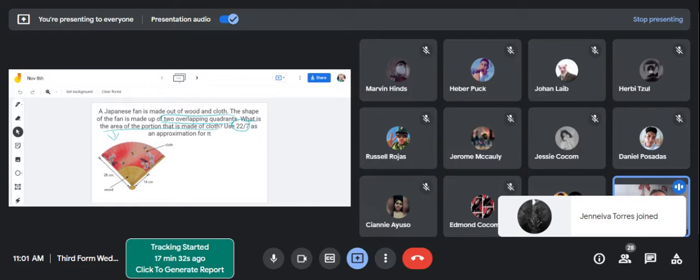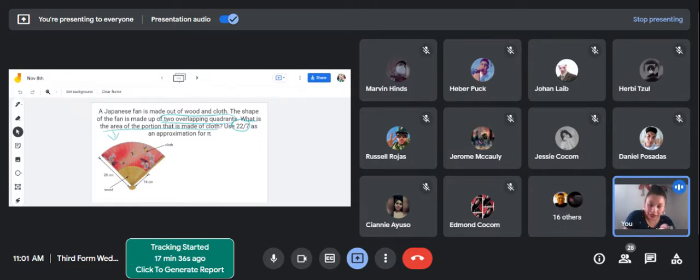If you guys have seen one of these fans in real life, then the wooden part or the plastic part is attached to the cloth part. So in this question, they only want to know what is this part. What is the area of this part only, of the cloth?